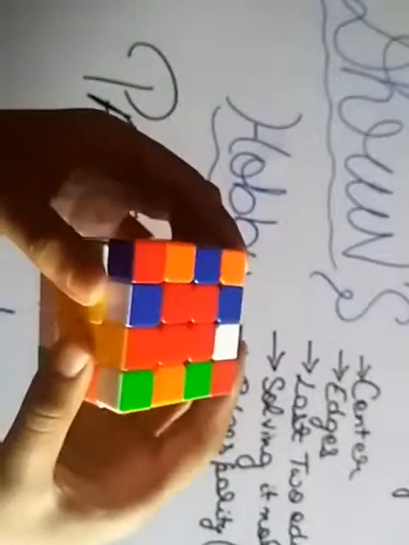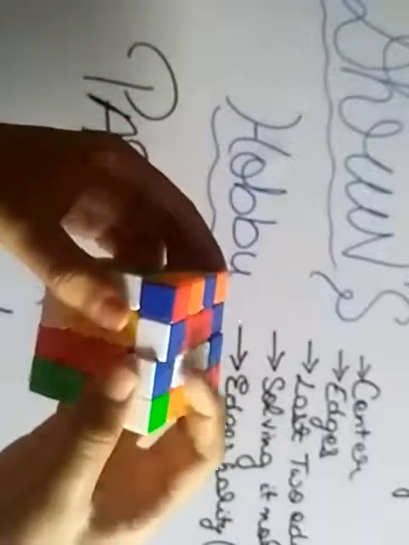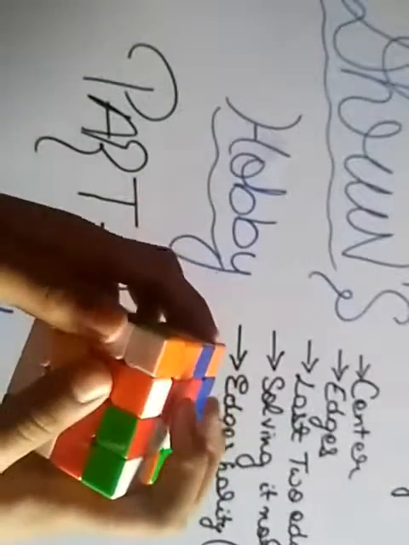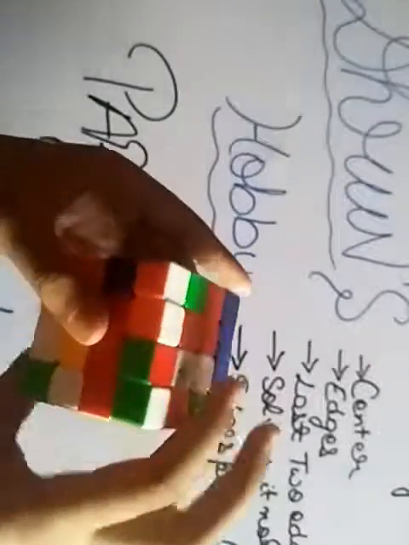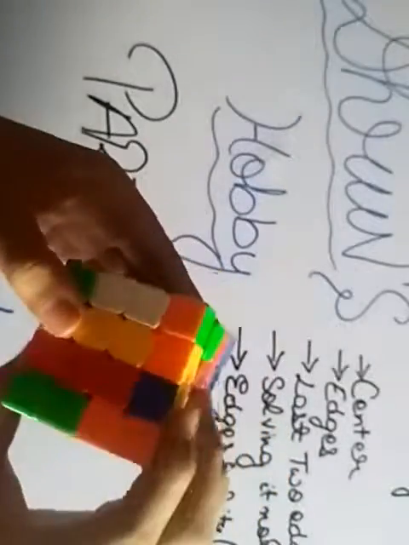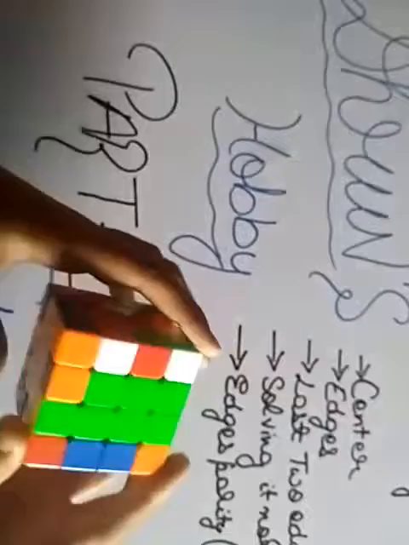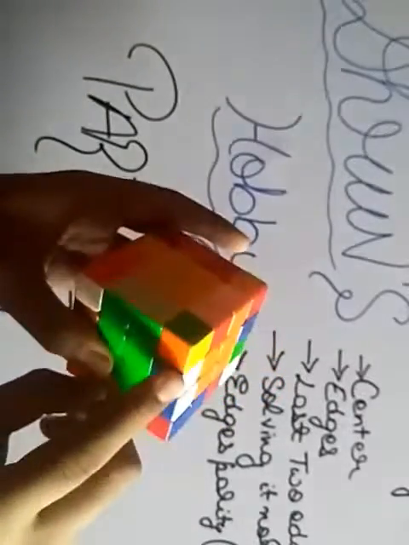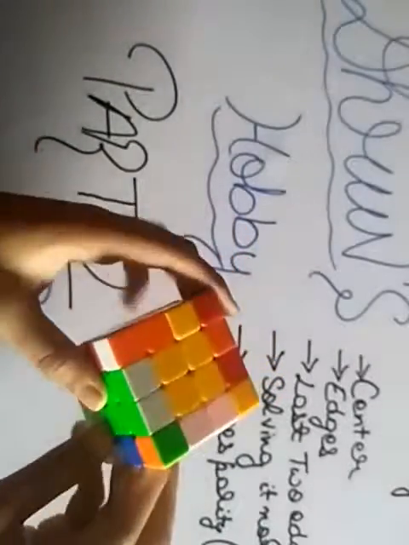So what you have to do is just move this layer downwards, do like this, F prime, move it aside and do like this, and then return the edges and the centers, whatever you call it. That's your choice. Okay, now you can see the blue ones, which is this one, are in pair, and a white one also.